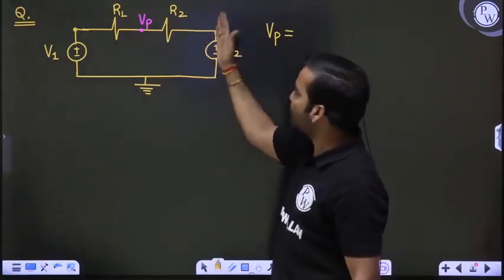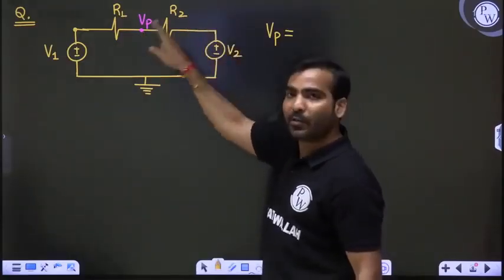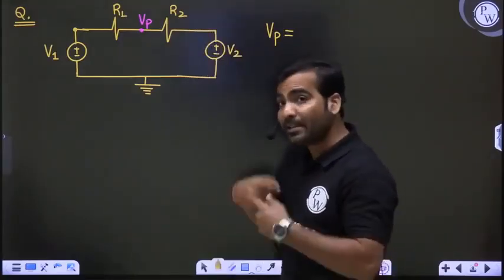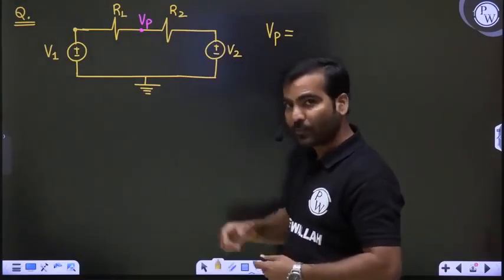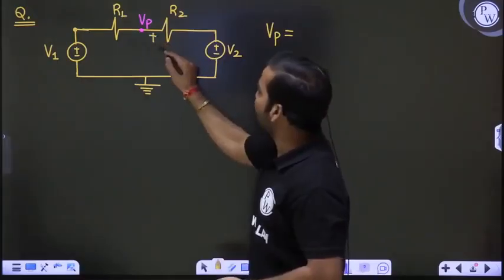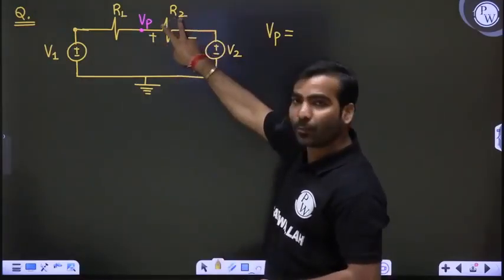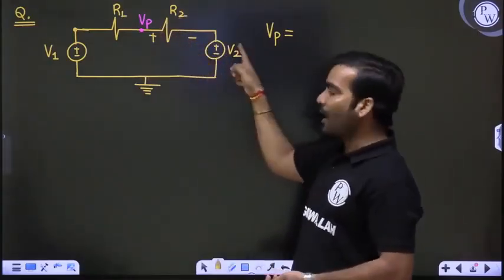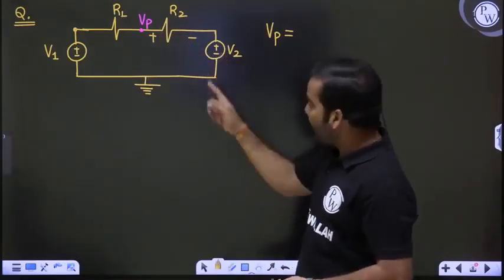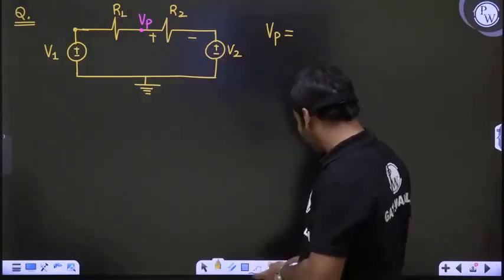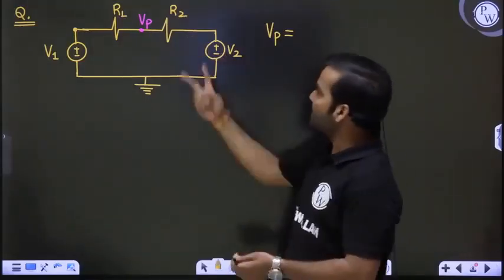This end of R2 will be ground, this end will be Vp. Vp is the voltage with respect to ground, so here plus and here minus, because this is ground. So the voltage across R2 will be Vp when V2 is switched off.